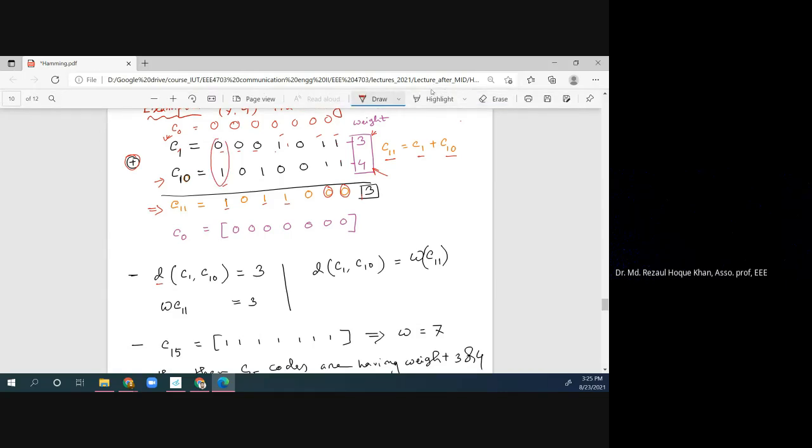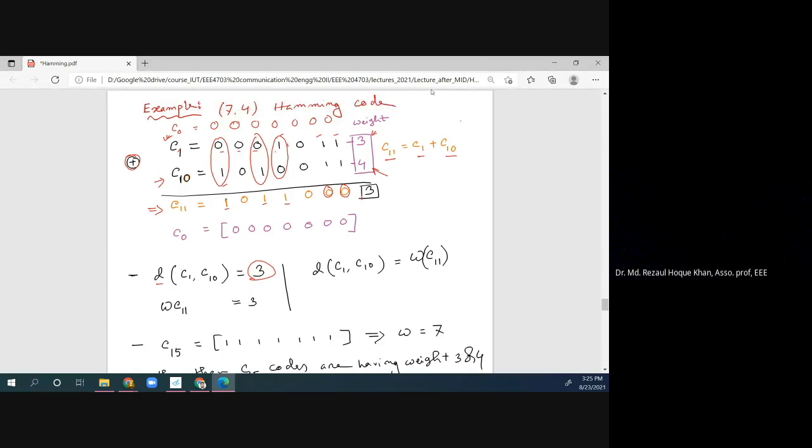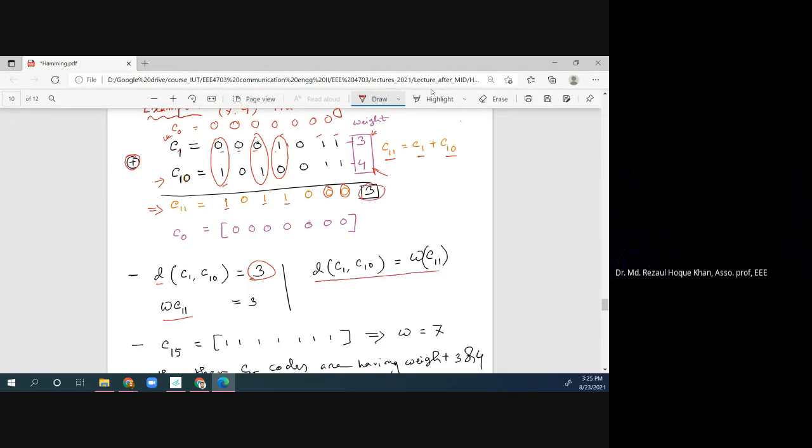Here the changes happen, here the changes happen. So how much distance happens? Distance is 3. What is the weight for C11? It is 3. So the distance of C1 and C10 is the weight of C11.